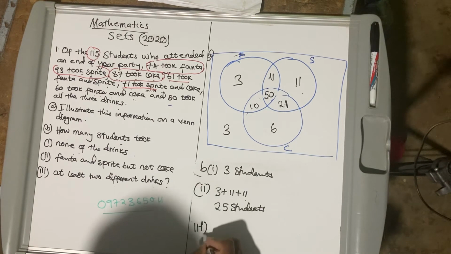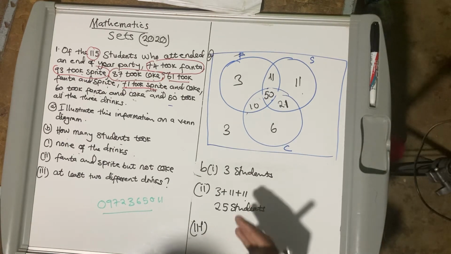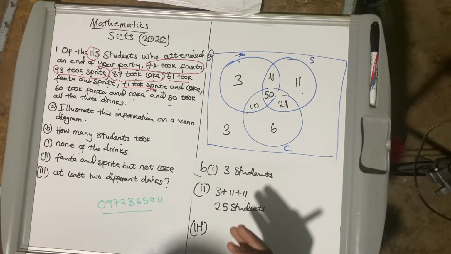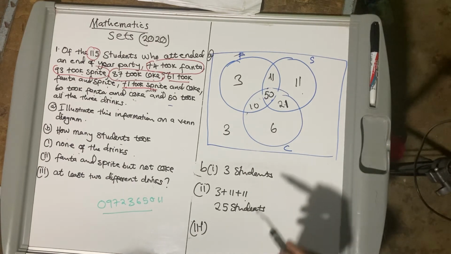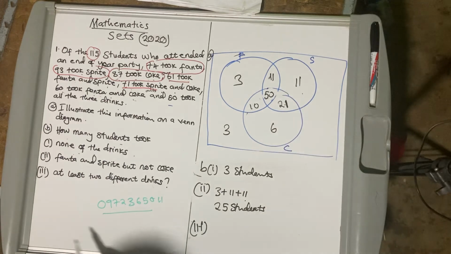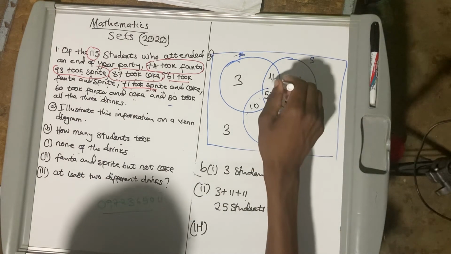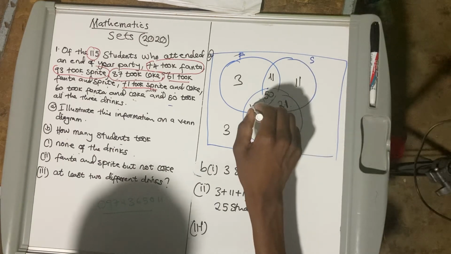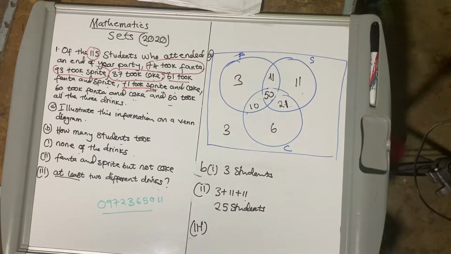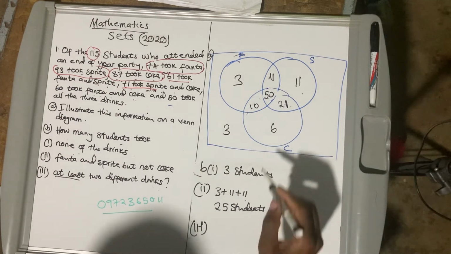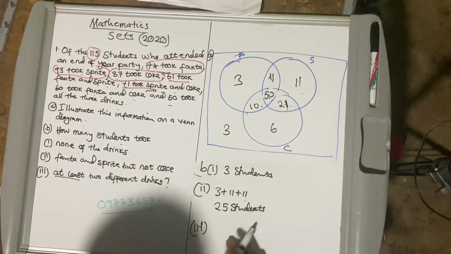Roman numeral 3: at least 2 different drinks. At least means greater than or equal to. So we need to add all the numbers which are found in the intersections. If they just said who took 2 different drinks, we could have added 11, 21, and 10. Now they have put the words "at least," which means greater than or equal to. Therefore, we need to add the 50 plus 21 plus 10 and plus 11.